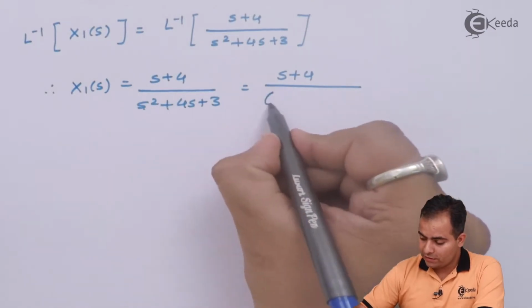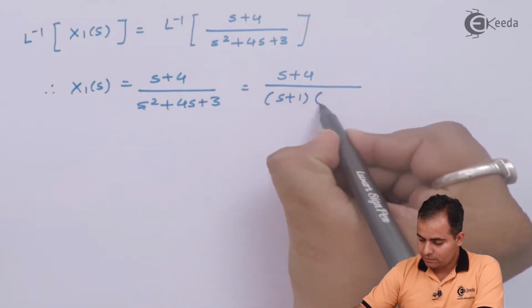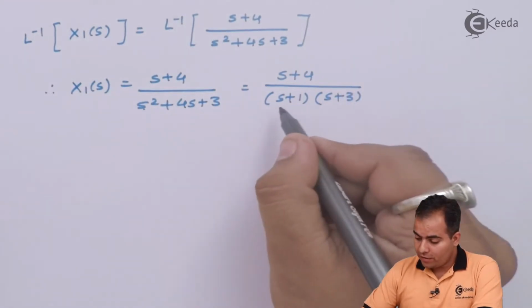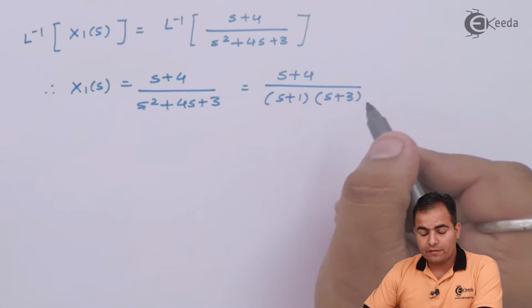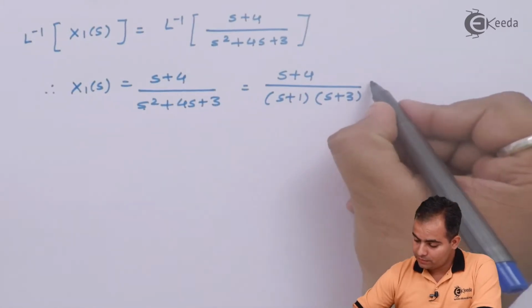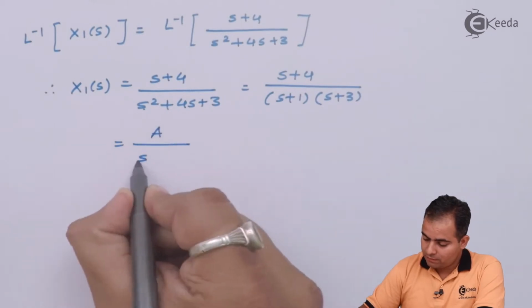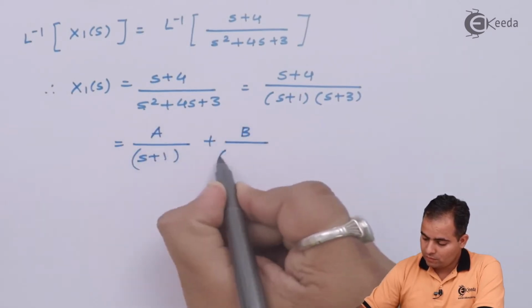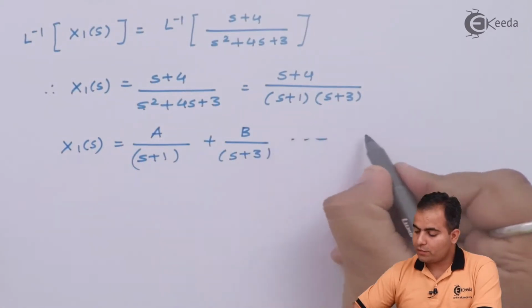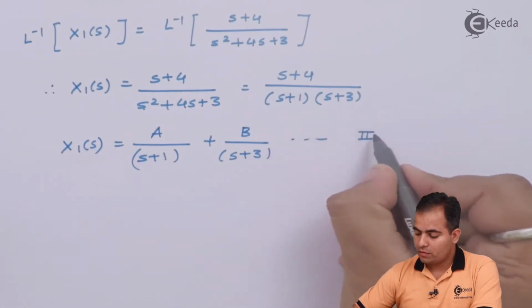So my factors are (s plus 1) and (s plus 3), and according to these factors we will write 2 constant values. And let's say this is my equation number 2.